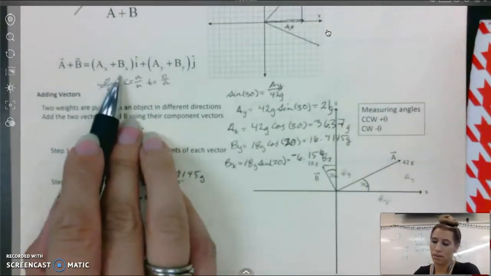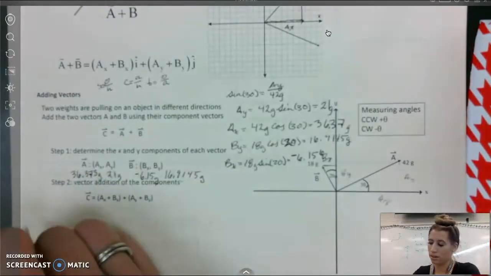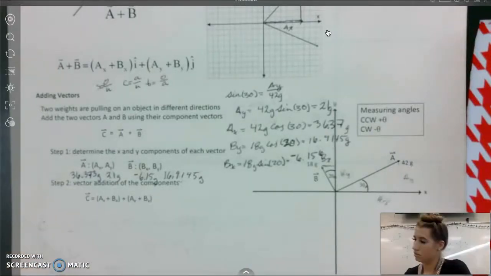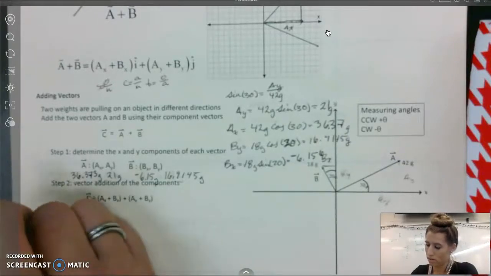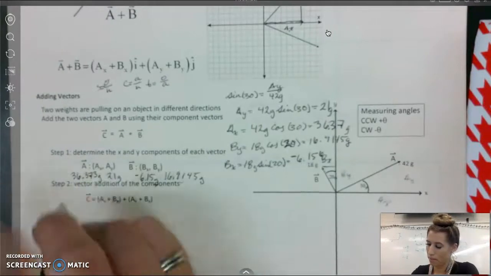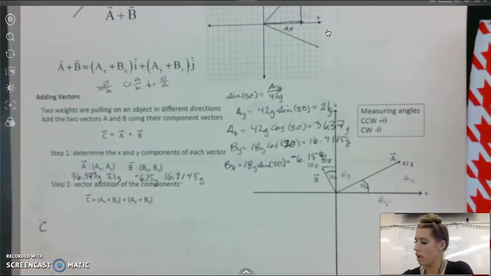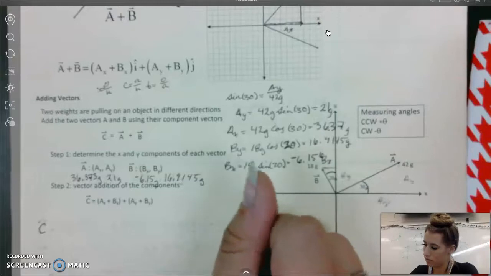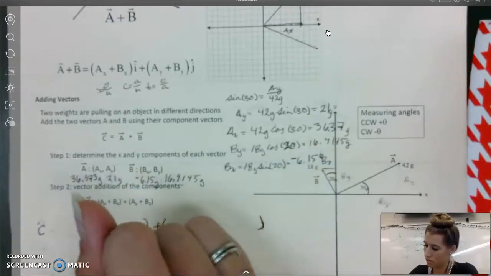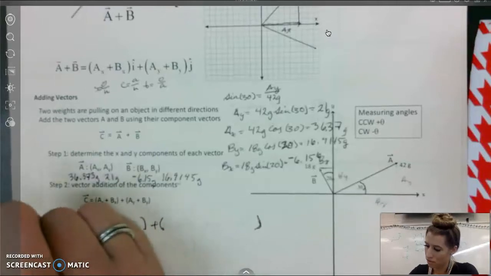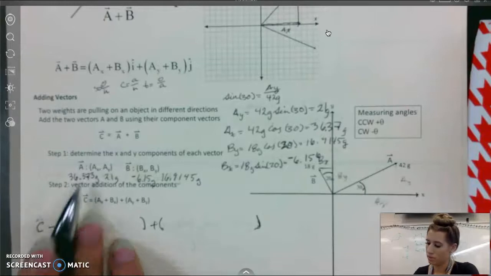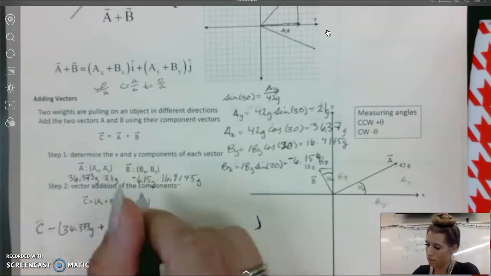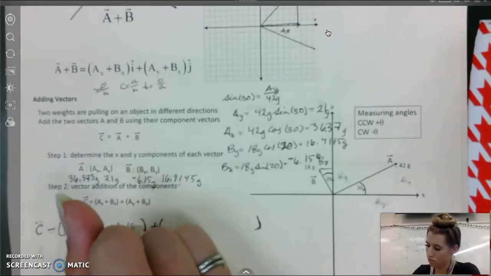A x plus B x, and then A y plus B y. So A plus B, or the resultant, which we will call C, is going to equal A sub x, which we already know is 36.373 grams, plus B sub x, which is negative 6.15 grams.